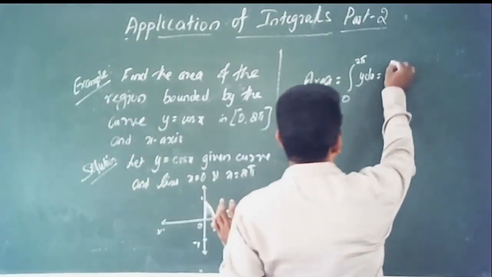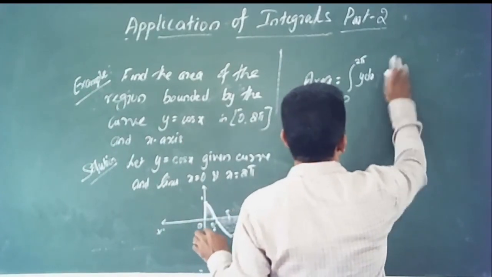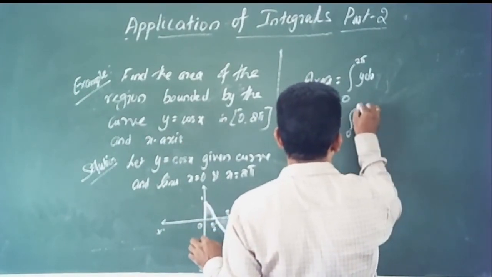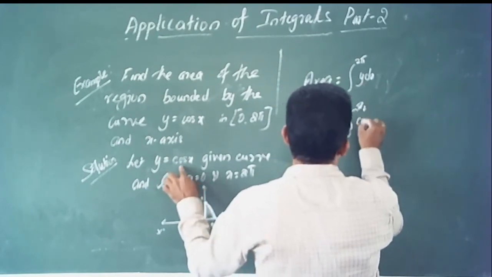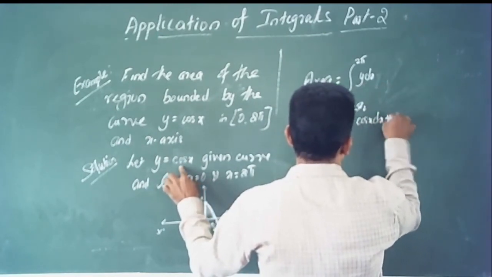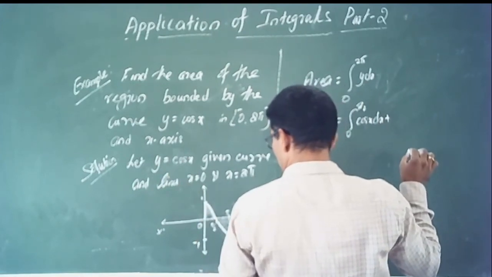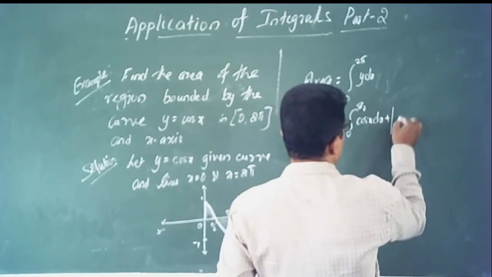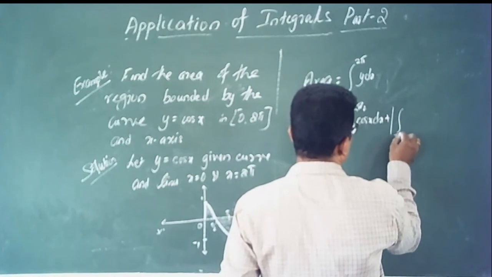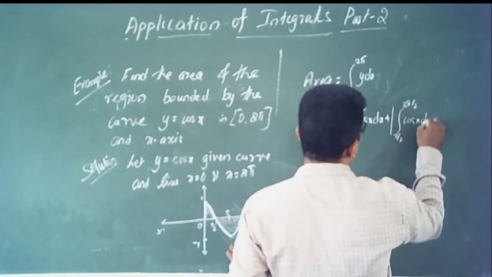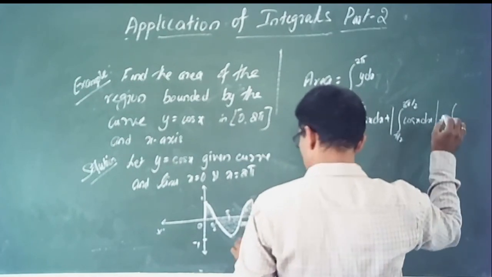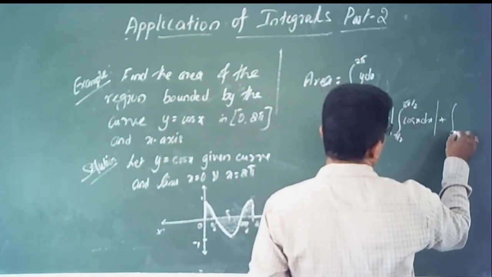While splitting the integrals, suppose this area is equal to integral from 0 to pi by 2, y means cos x into dx, plus pi by 2 to 3 pi by 2. Here, below the x-axis, taking modulus signs, pi by 2 to 3 pi by 2 cos x into dx, plus 3 pi by 2 to 2 pi above the x-axis.